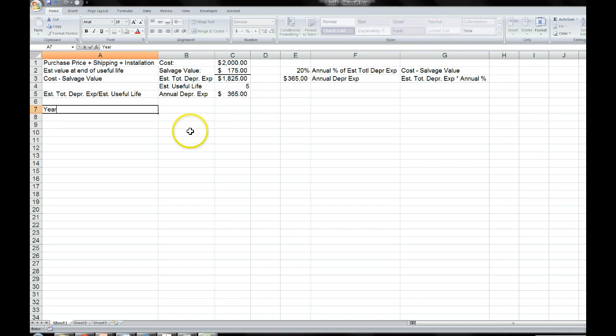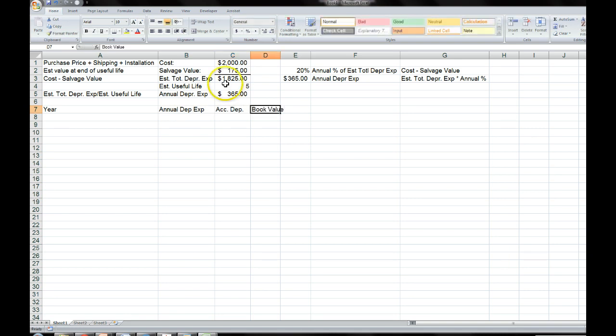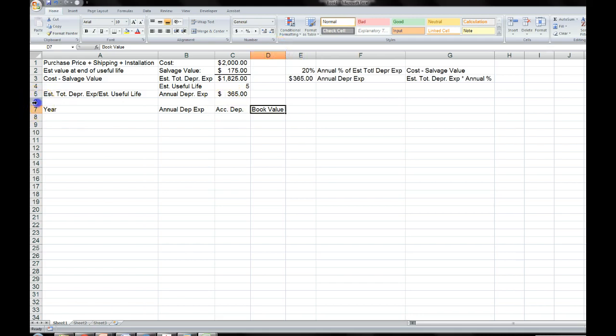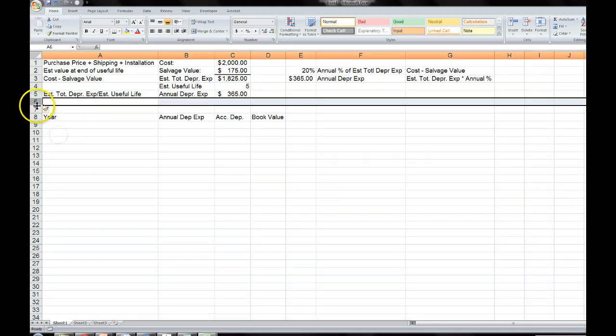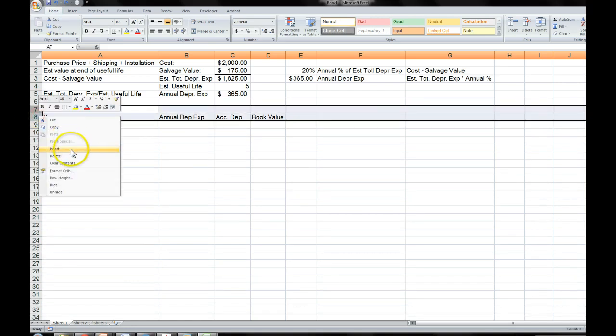We're going to do year, annual depreciation expense, accumulated depreciation, and book value. I'll spell that one out for you, but BV is book value. Okay, and above it though, I'm going to insert a couple lines so I can write a couple quick formulas for you.